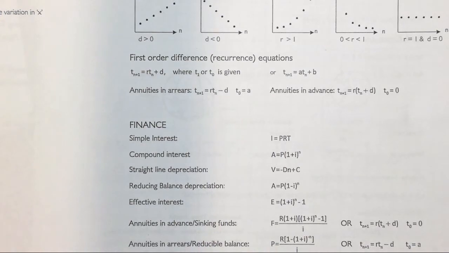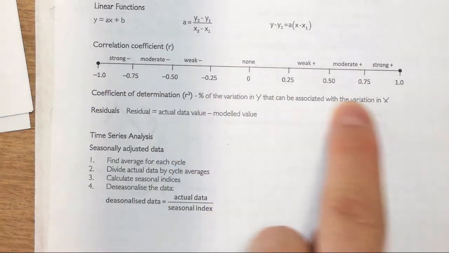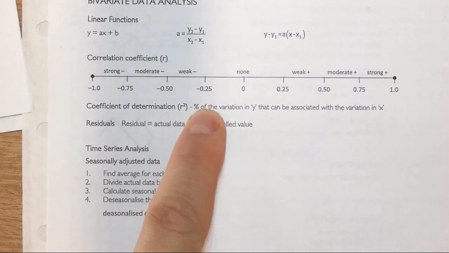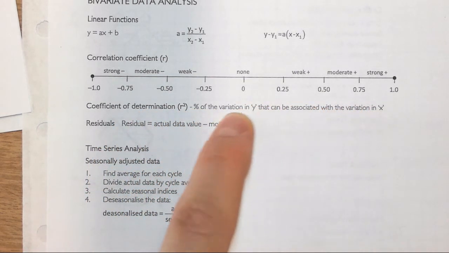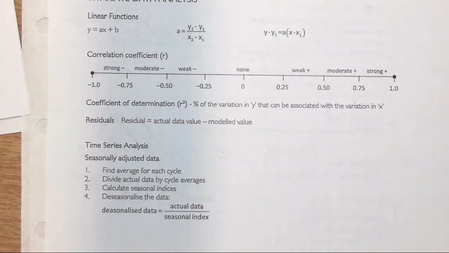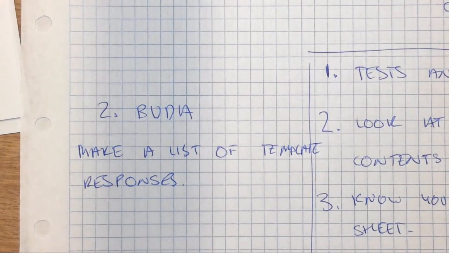So please, make sure you know it. Obviously, you've got bivariate data. Look at what's there. It shows you your table of different correlation values. It gives you the template for the coefficient of determination. Alright? And it's got how to calculate residuals there as well as data. So make sure you know it.